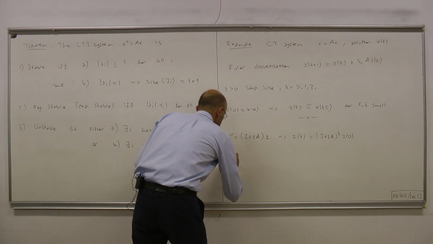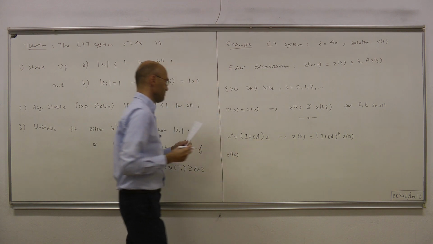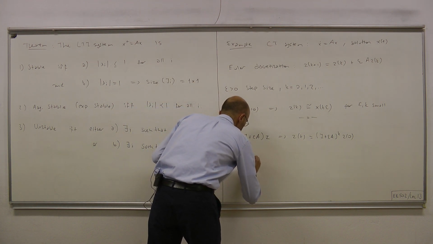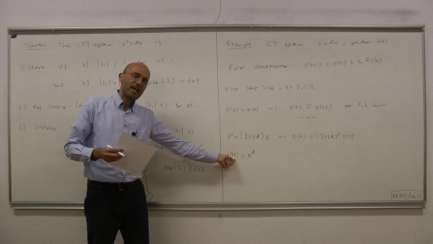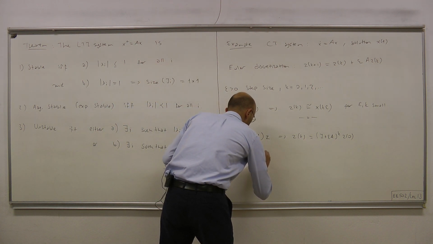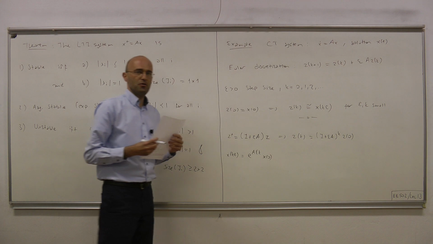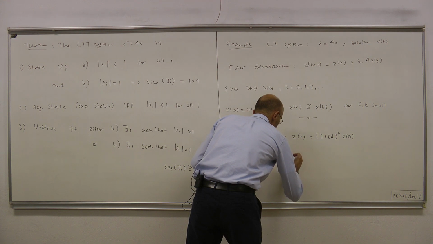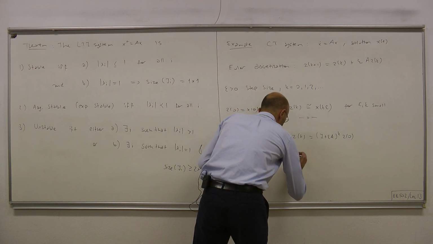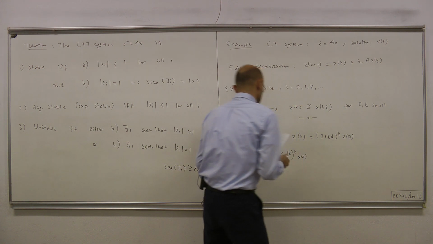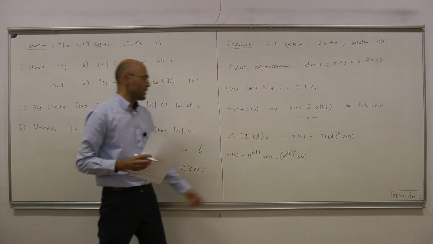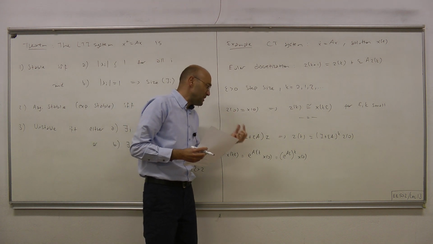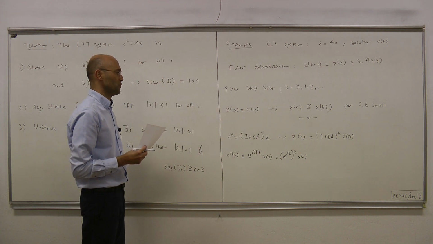And how about x at time k times epsilon? This equals e to the A t, where t is k times epsilon, times x0. This can be written as e to the A epsilon raised to the power k times x0. By the way, this matrix e to the A epsilon would be the exact matrix for the exact discretization of our continuous time system.